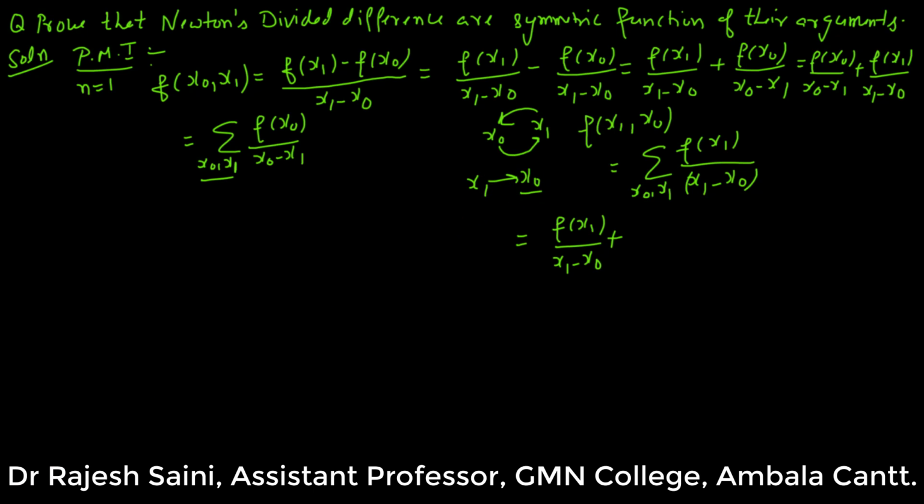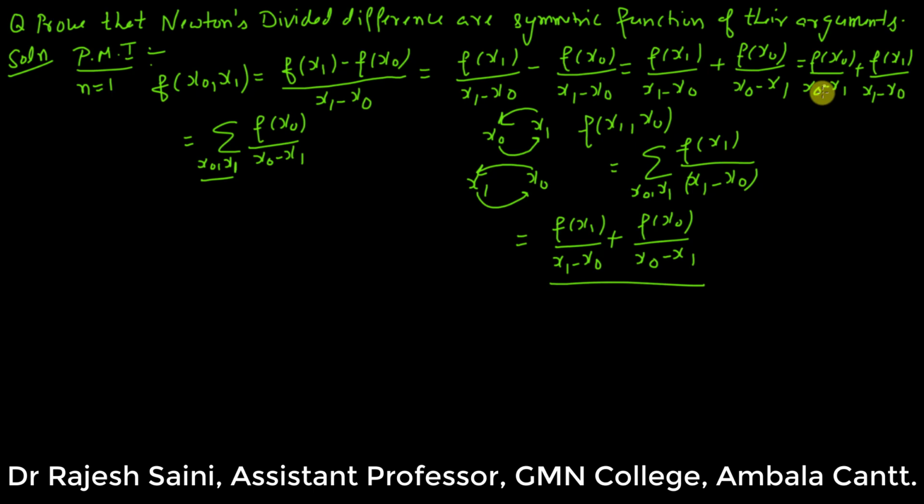So after x1 you get x0 and after x0 you will get x1. So this is in cyclic order. After x1 you will get x0 and after x0 you will write x1. So this is the result which we get for x1, x0.